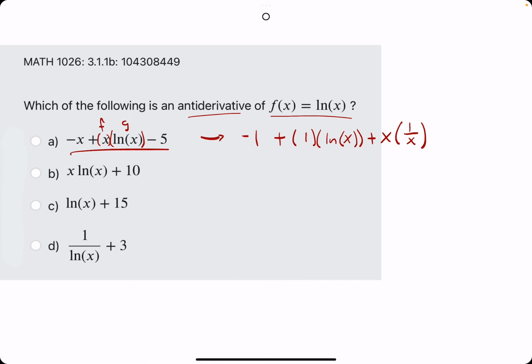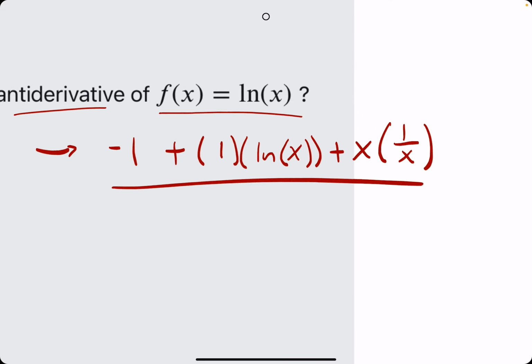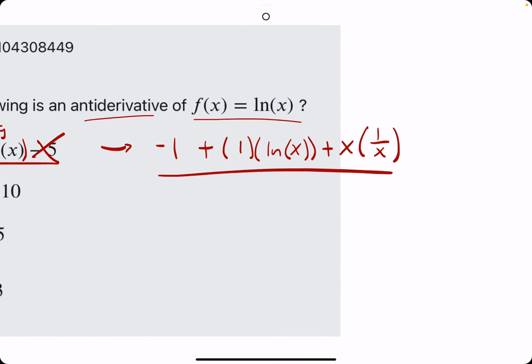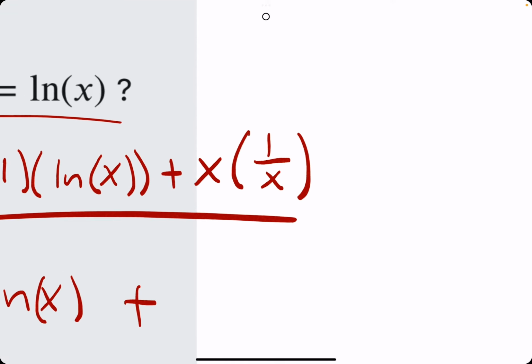So then, what do we have? We have minus 5, and that would go to 0. Any derivative of a constant goes to 0. So this is our derivative of that function. Let's simplify it a little bit. We have minus 1 plus 1 times ln of x, which is just ln of x. And then x times 1 over x. This is like x over 1 times 1 over x.